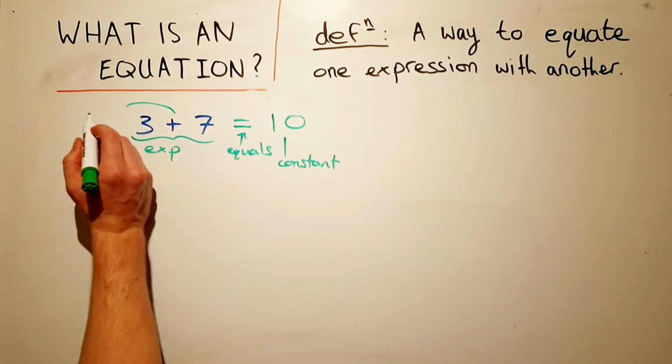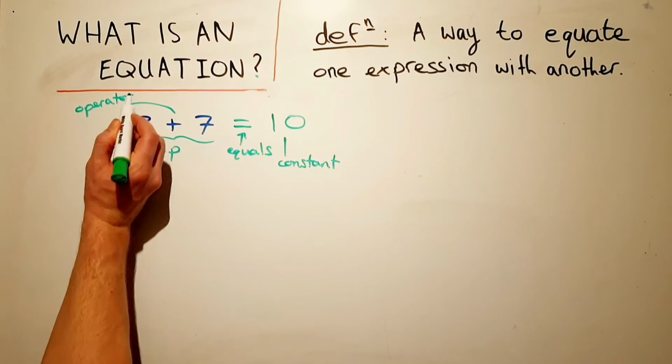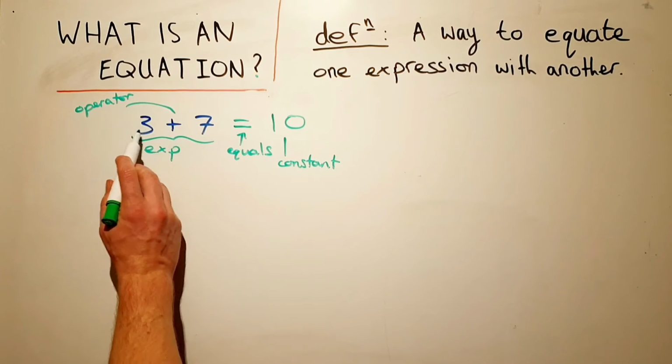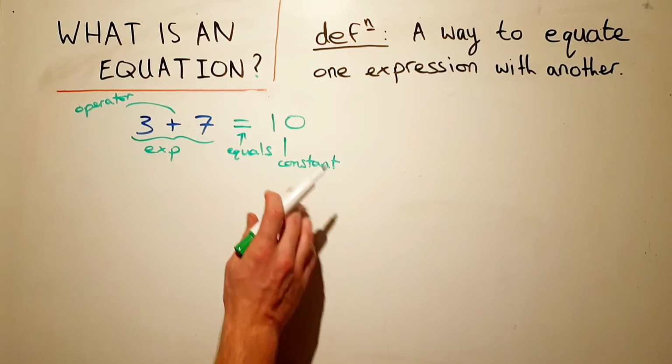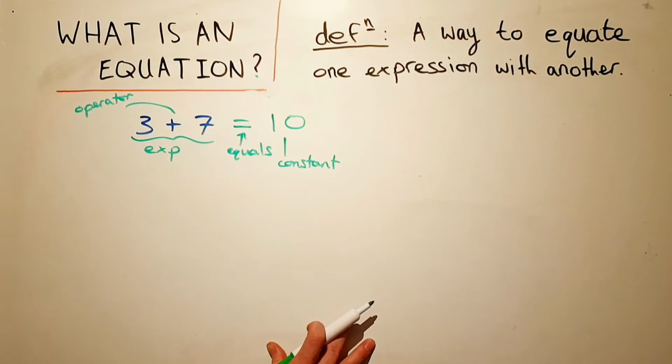Here we have the operator, which is the addition sign, and then we have two different constants again. So we have an expression, the equal sign, and a constant, and that allows us to form this equation. Okay, so I'll just box that off.